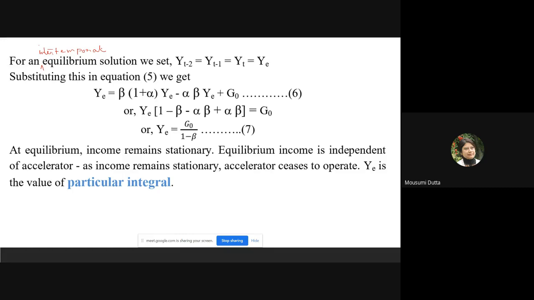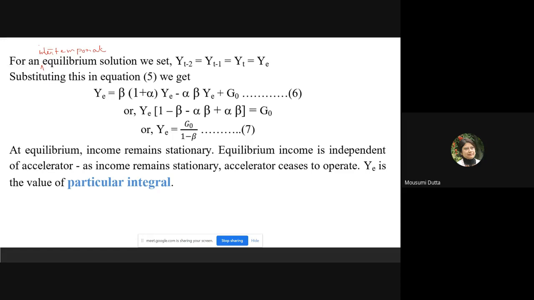And G naught, as you know, is given from outside. So at equilibrium, income remains stationary. Equilibrium income is independent of the accelerator. As income remains stationary, the accelerator basically ceases to operate at equilibrium.